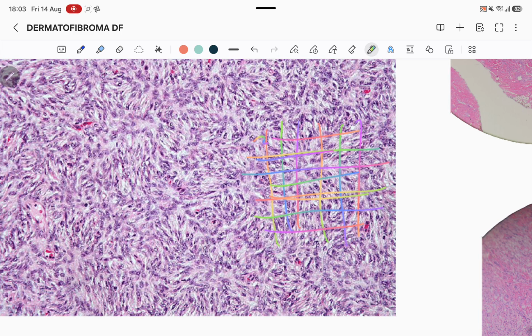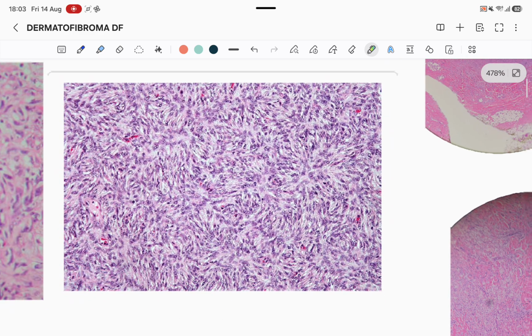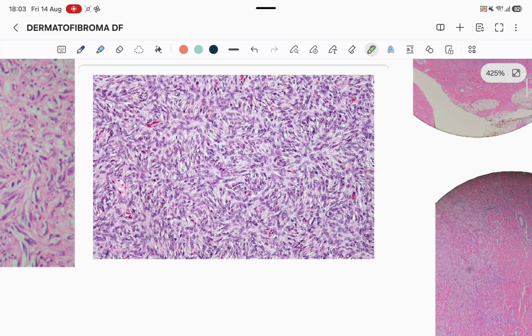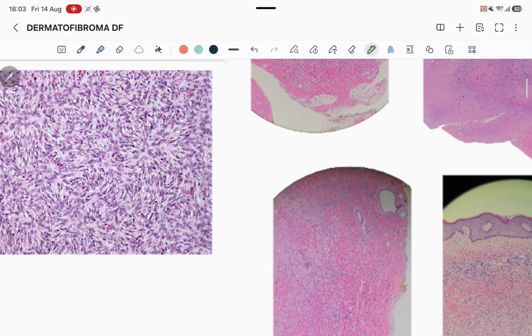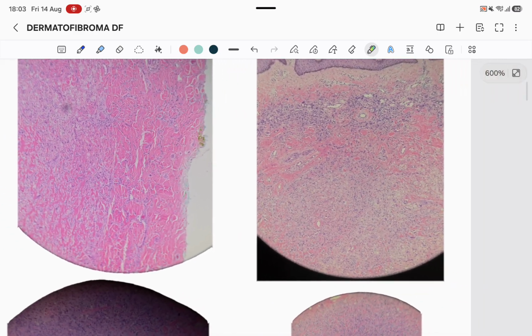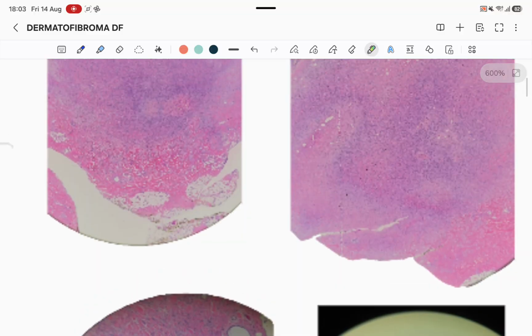They say it resembles that, so that's what storiform means. It's the shape of the straw mat. Doesn't really matter, but that's what a storiform pattern refers to. So either short fascicles or storiform pattern, which is really difficult to observe here.